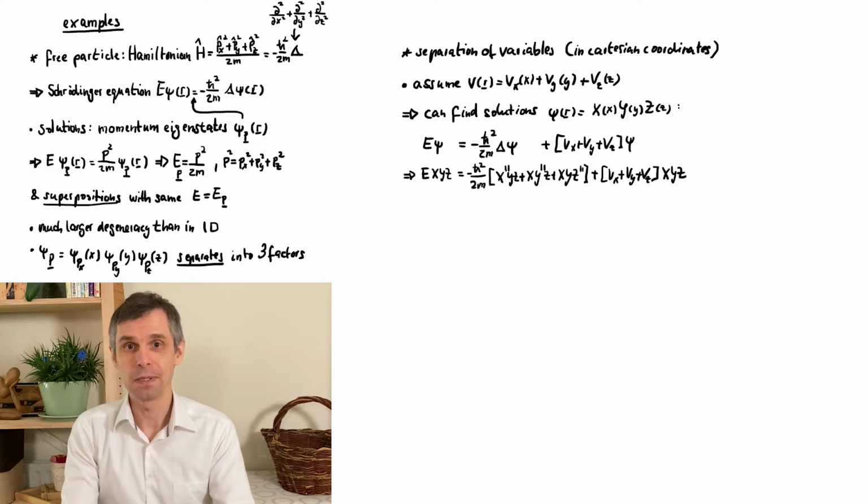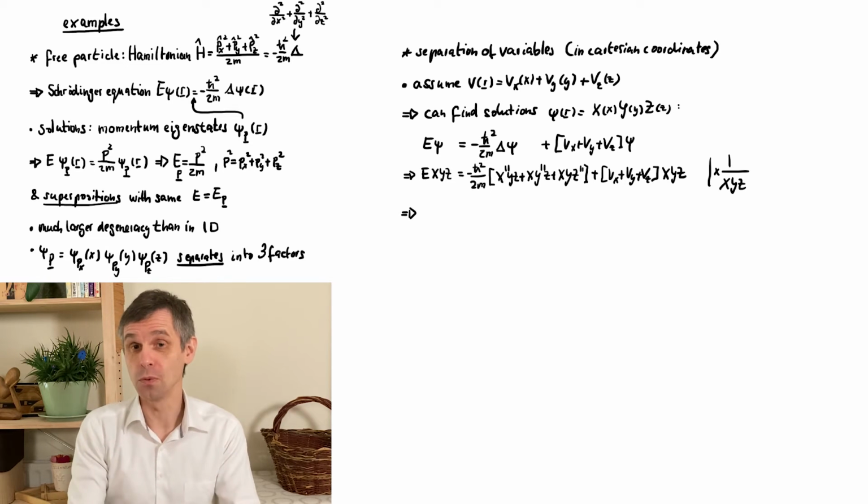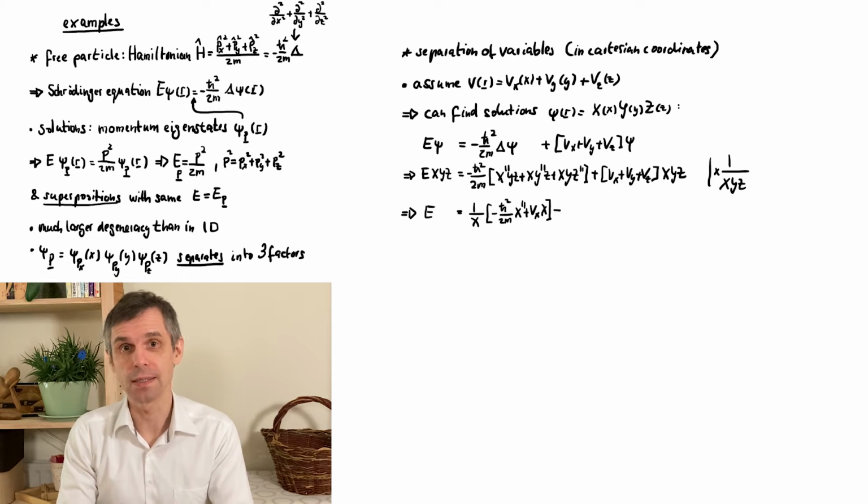When you divide by the wave function in this separated form, you have the energy on the one side and three different terms that only involve one coordinate each on the other side.